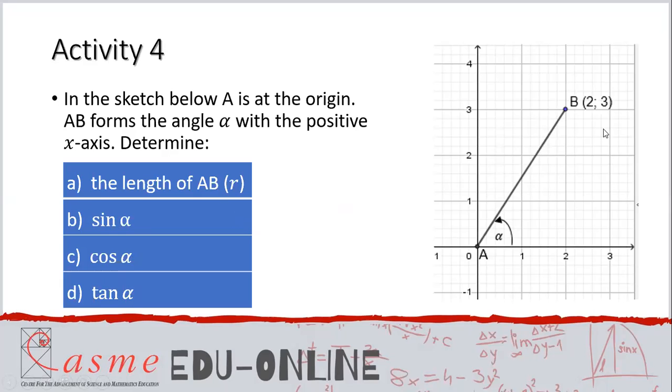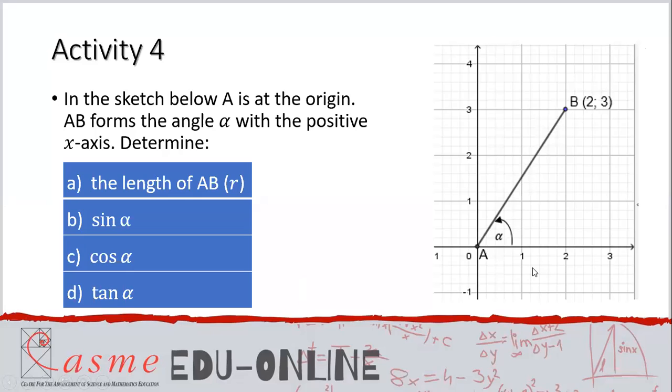To find the sine of alpha, we always take the y, which is the opposite, and divide by r, which is the hypotenuse. To find the cosine, we take the adjacent, which is x, and divide by r. And to find the tangent, what will you do? We will take the opposite, which is y, and divide y by x.